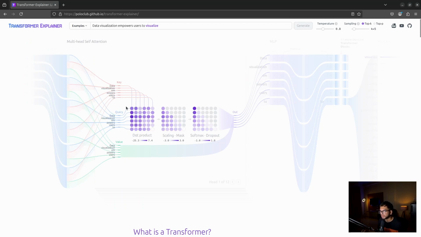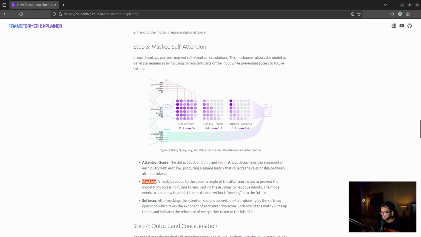After doing the dot product, you will get a 6 by 6 matrix. A mask is applied to the upper triangle of the attention matrix to prevent the model from accessing future tokens. So one mask will be multiplied with this dot product output, and after applying the mask we will get only half of the output.